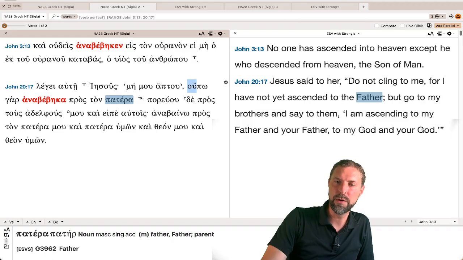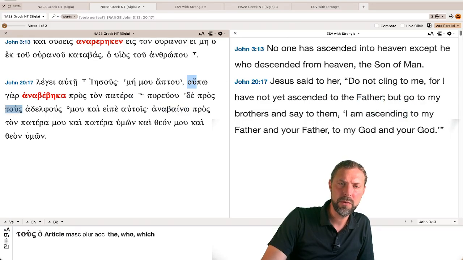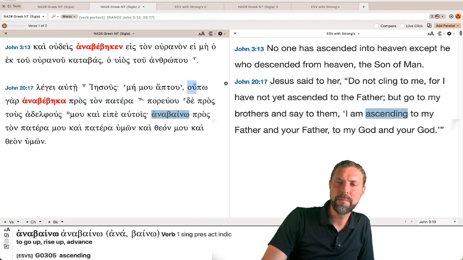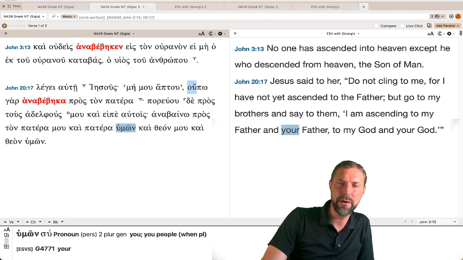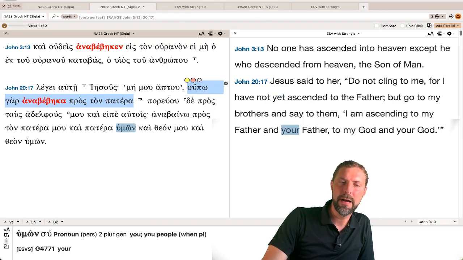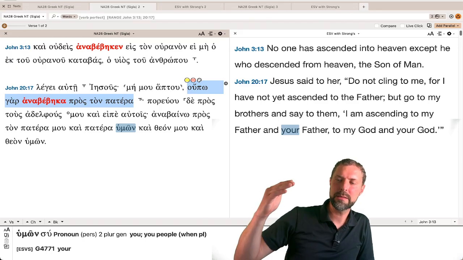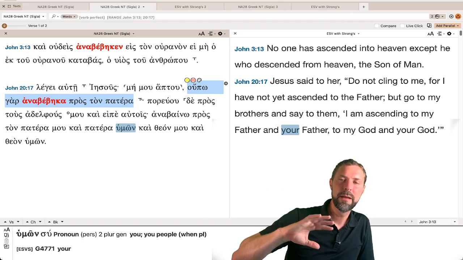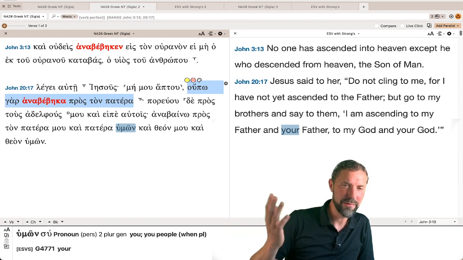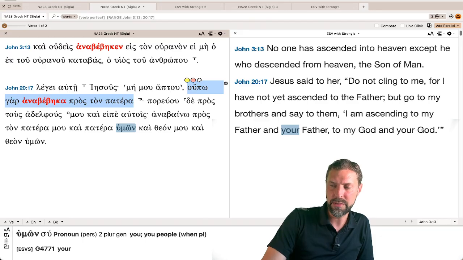And he goes forward, go to my brothers also and say to them, I am ascending to my Father and your Father and my God and your God. Okay, but right here, the notion I have not yet ascended to the Father is to say this event, the ascension, hasn't happened, and that ascending would have ongoing significance or consequences.